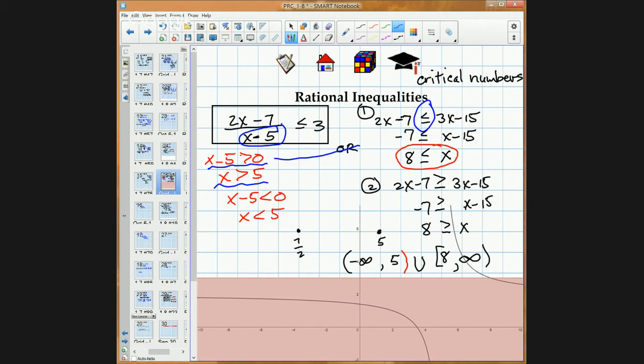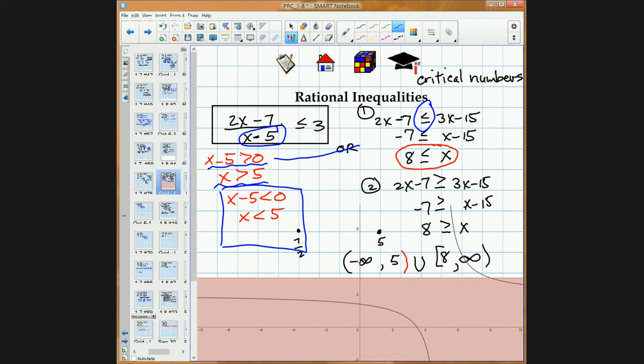Now, in part 2, I dare not forget about this. What if x minus 5 is negative? What if x minus 5 is less than 0? Well, that would mean that x is less than 5, wouldn't it? Because if you add 5 to both sides. All right. But then, what happens when I multiply by a negative?